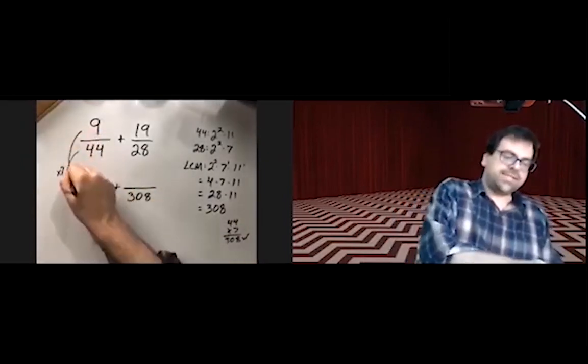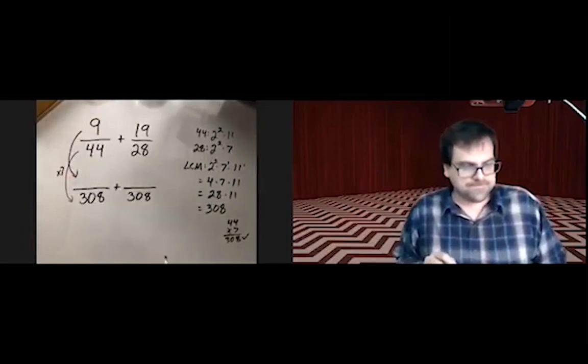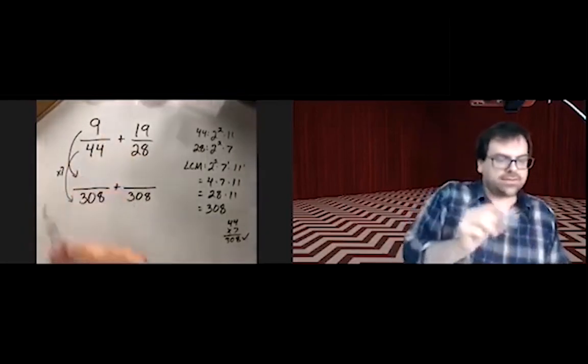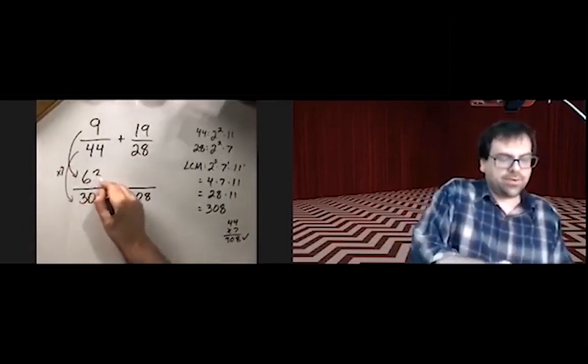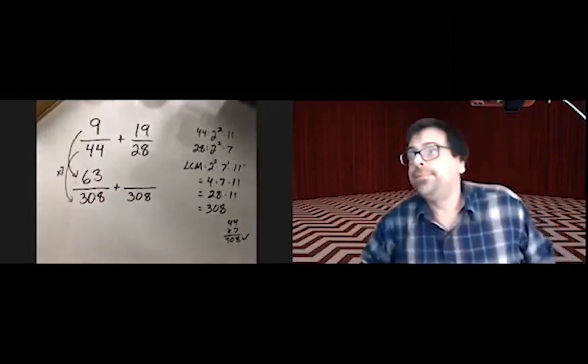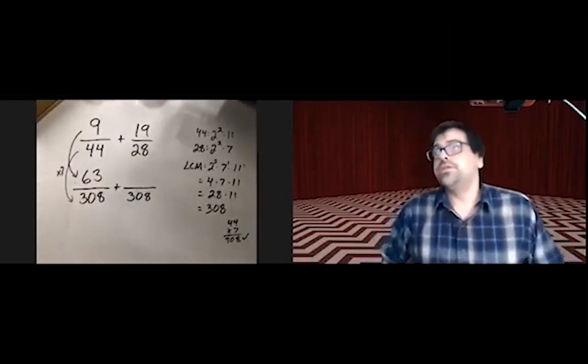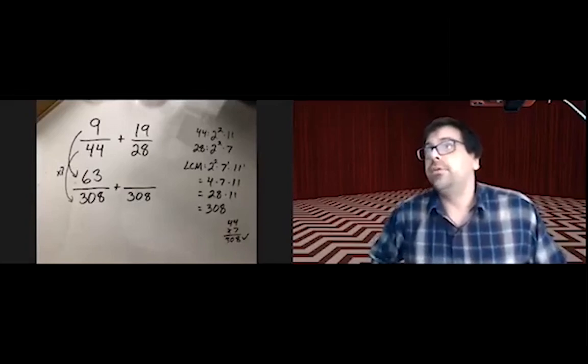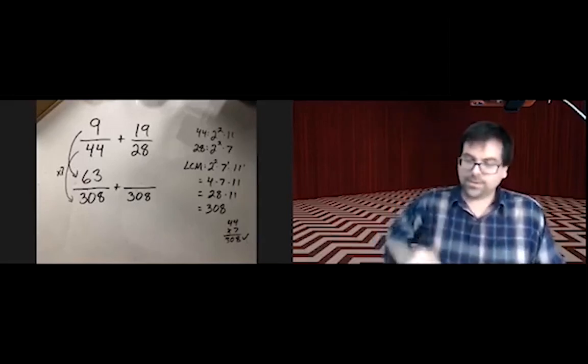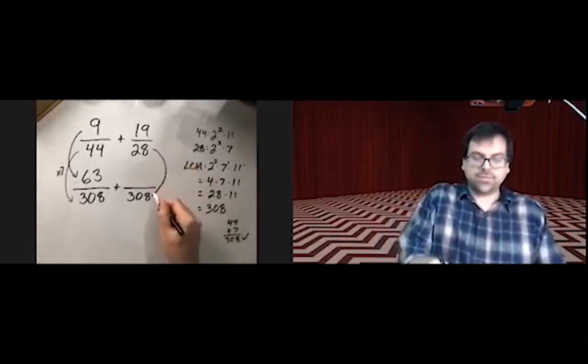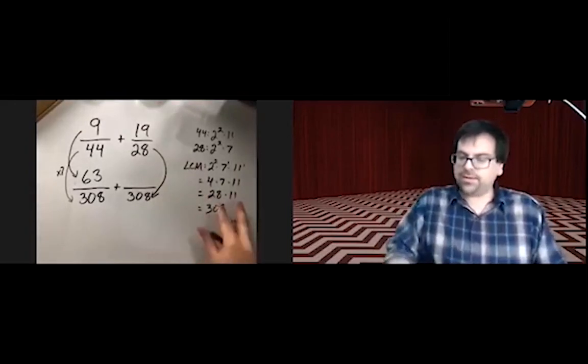We also have to do times 7 on the top. 9 times 7 would be 63. If you don't know your multiplication facts, you're going to get a different number there. 9 times 7 has to be 63. 28 times what is 308?